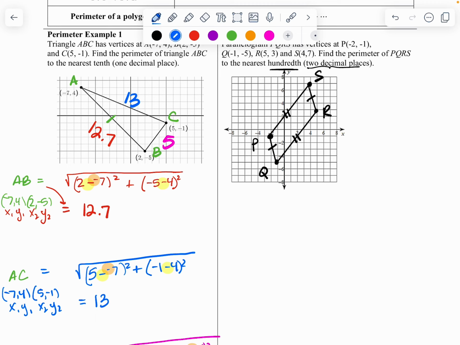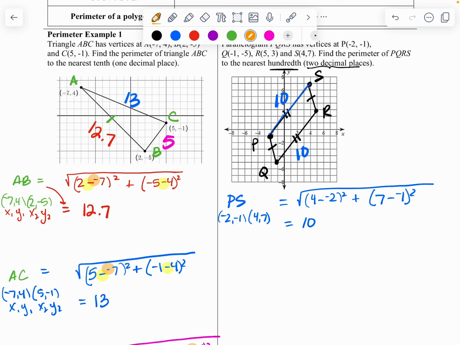So I'm going to find PS first, where P was -2, -1, and S is 4, 7. So that's the square root of 4 minus -2 squared plus 7 minus -1 squared, which is 10. So PS is 10, which means that QR is also 10.